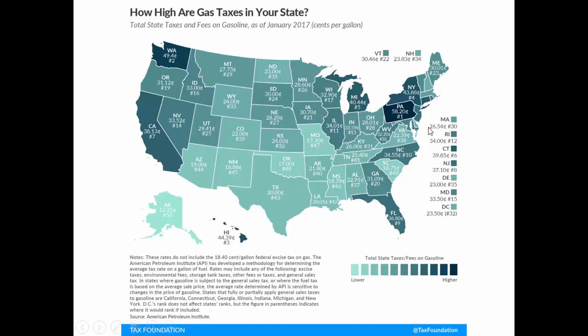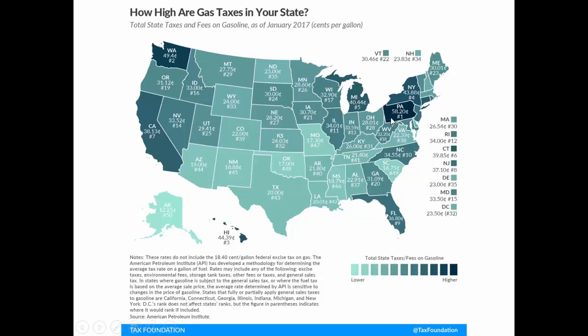Now earlier we talked about gas taxes, and you'll notice that there's a huge variability in gas taxes across the United States. In theory, when you go to purchase fuel, there's a federal fuel tax and then a state fuel tax, and all of that money is supposed to go to supporting roadway construction and maintenance.